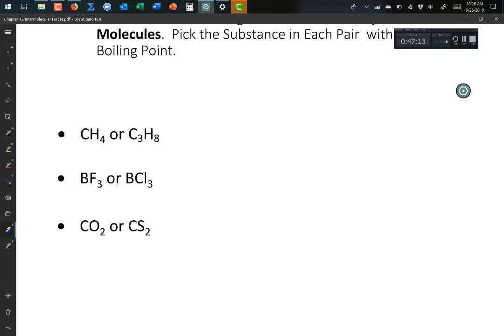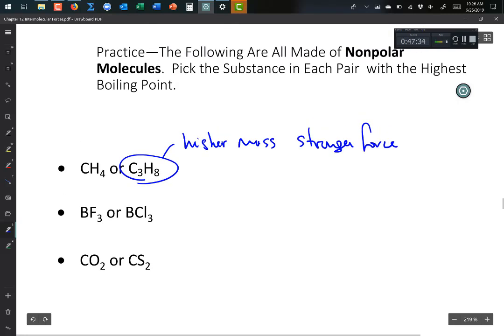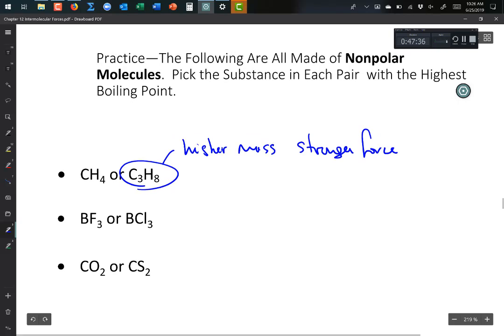More mass, more electrons. So it's this one. It's also longer because it has 3 carbons in a row. So there's a number of reasons why, but this is higher mass, stronger force of attraction. And the question really is boiling point, meaning higher boiling point.